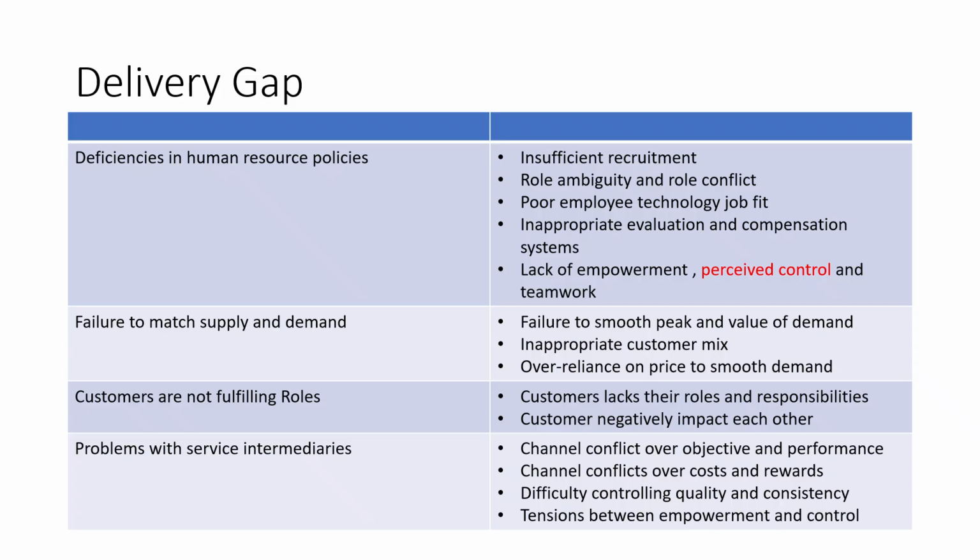There's also difficulty controlling quality and consistency. When many people or partners deliver the service, quality varies. Now we're talking about people like agents. It varies across locations, employees, even time. And so any inconsistency in service delivery leads to poor quality and customer dissatisfaction.